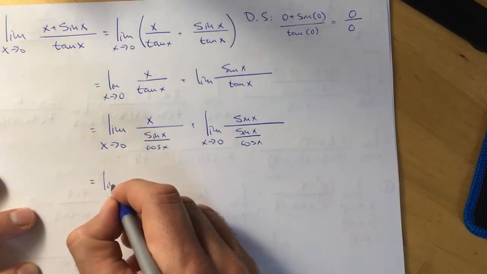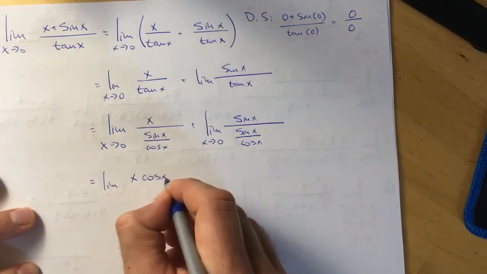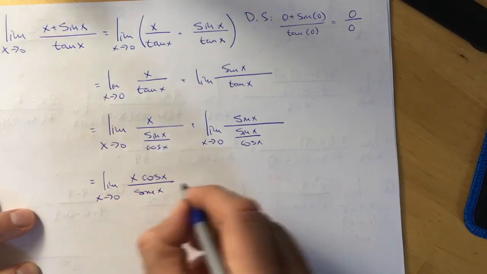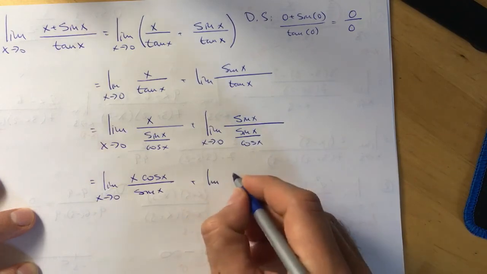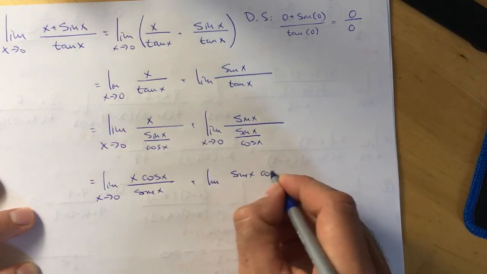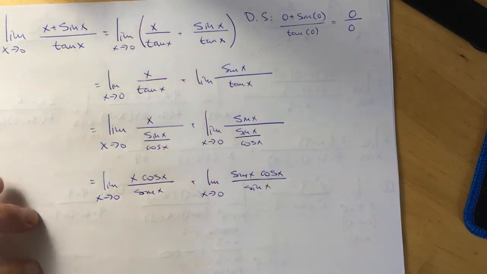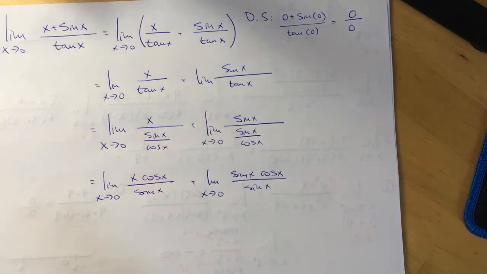So this is the limit of x times cosine of x over sine of x as x goes to 0, plus the limit of sine of x times cosine of x over sine of x as x goes to 0. So what do we know?